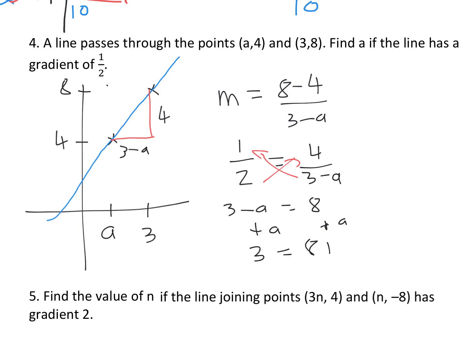So that would be 8 plus a. And then take 8 from both sides and you get minus 5 for a. So I had a here on the positive axis. It actually should have been over here, but the maths works it out for you. So there's no problem. The diagram is still useful for me to get an idea of what numbers are involved. And a is -5.